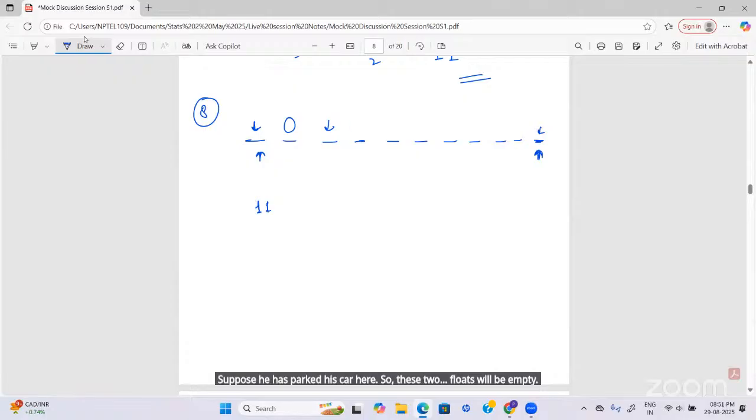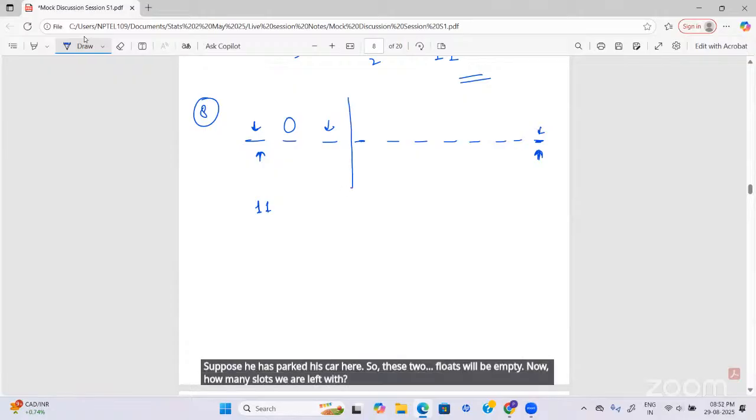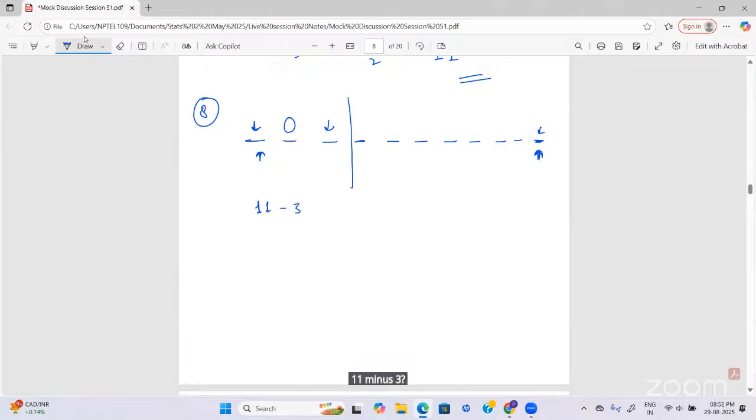Now how many slots are we left with? 11 minus 3? Yes, ma'am. 9. It will be 8. We are left with 8 slots. Now this car is John's car. Now we have to fill these positions with the remaining 4 cars.